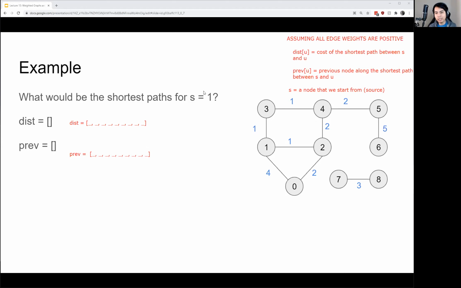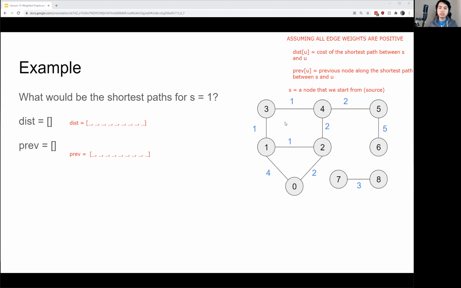So type in V in chat for the number of nodes in this array if you feel good about that idea, that we don't know whether or not we can reach 7 and 8 here, and therefore it should give us 9 elements. We should have distance equal to an array of 9 elements, one for each node that we could possibly visit, even though we can visually inspect and see that some of these right now we actually can't reach.